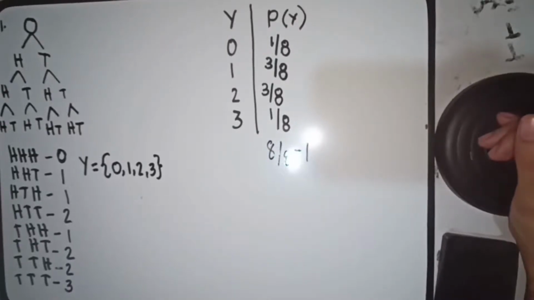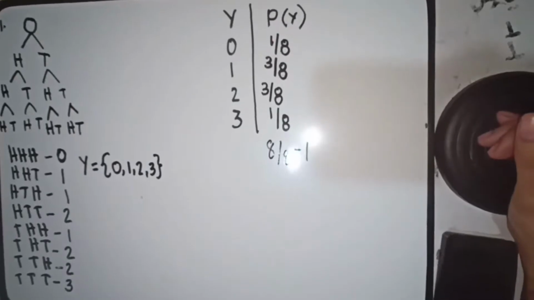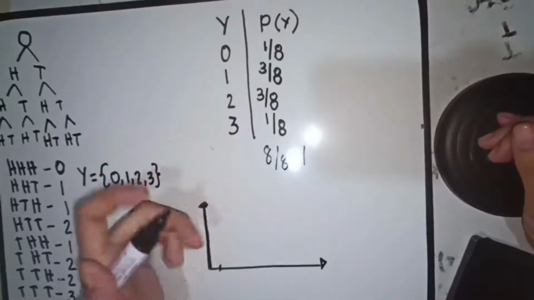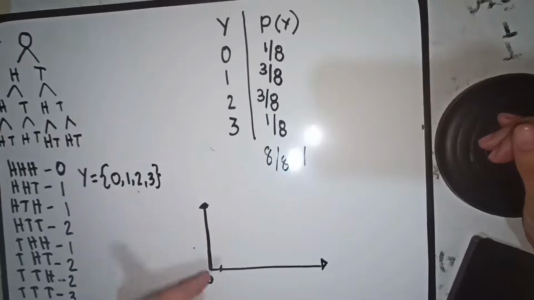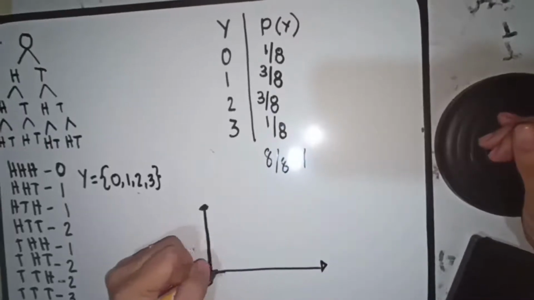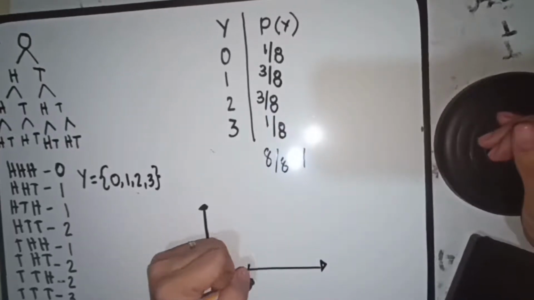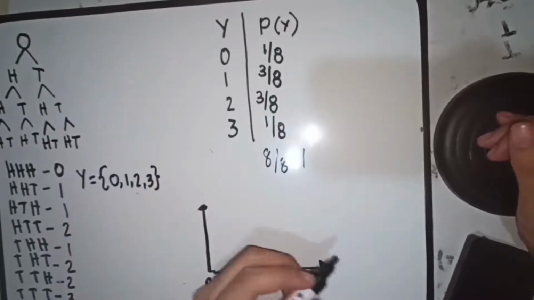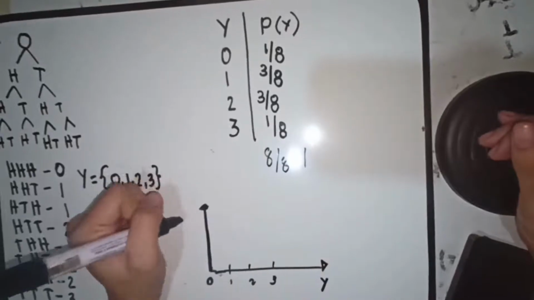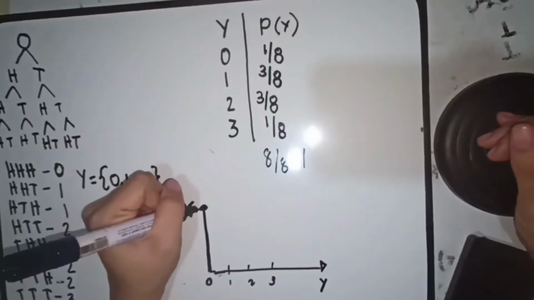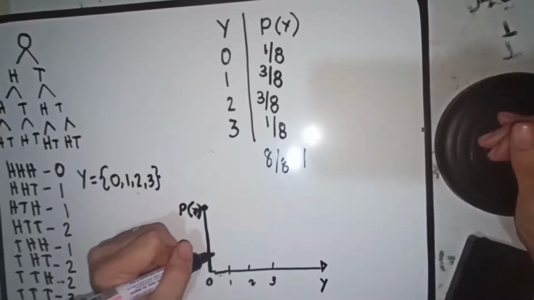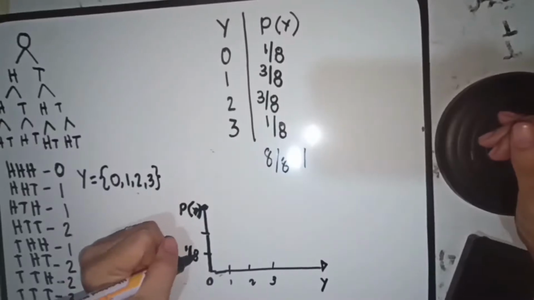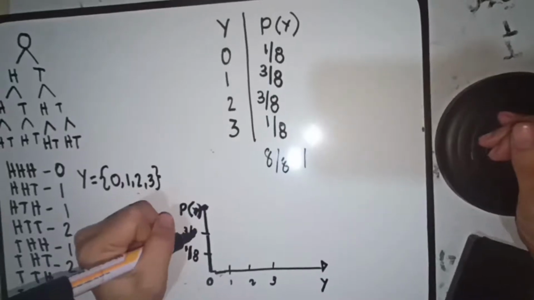Okay, next, we have to draw a histogram. For the histogram, it's easy. We have y that is 0, 1, 2, 3. For the values of p of y, we have 1 over 8 and 3 over 8.